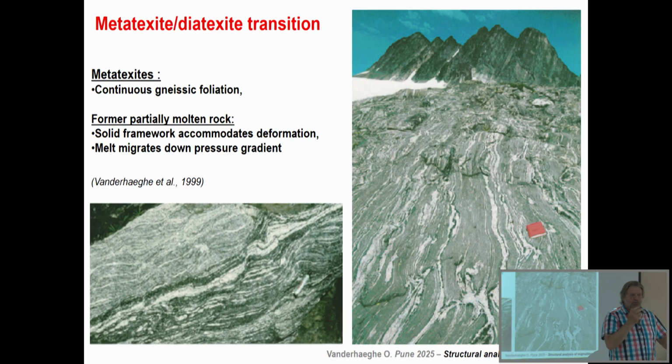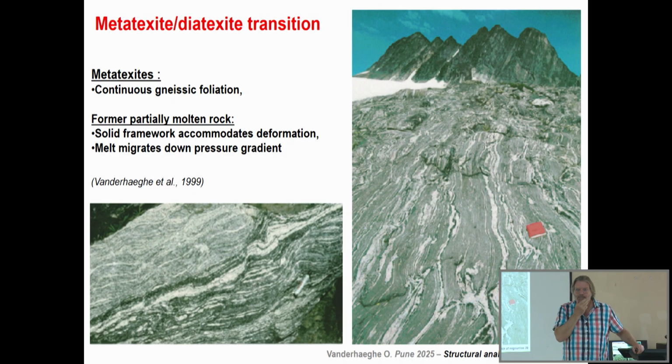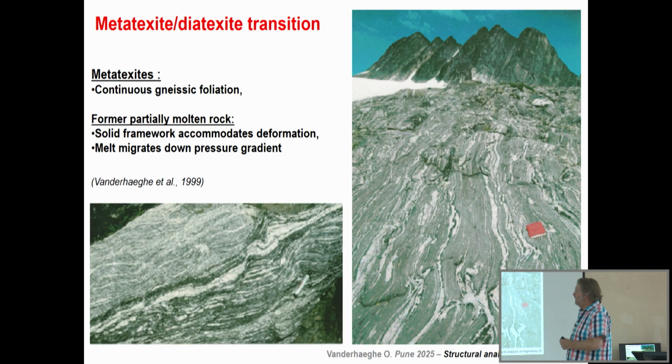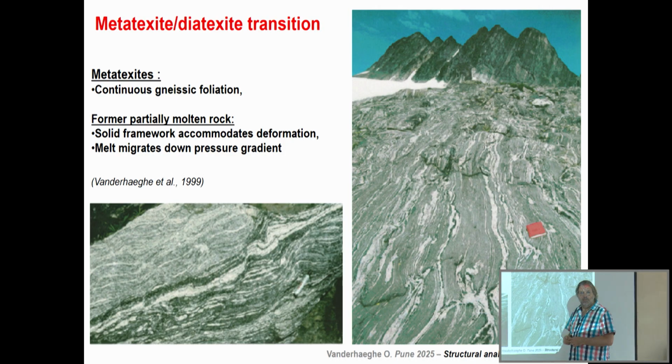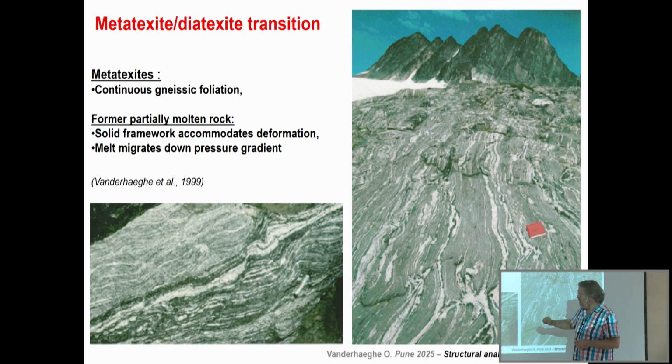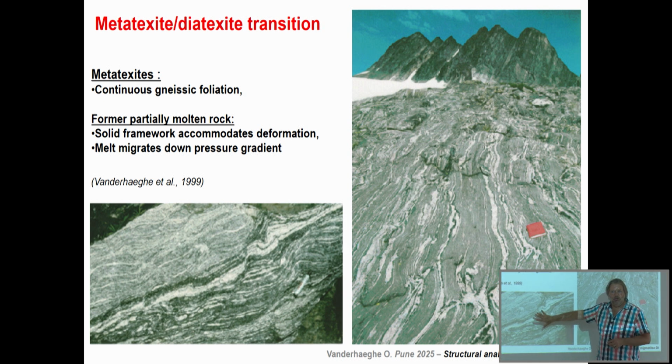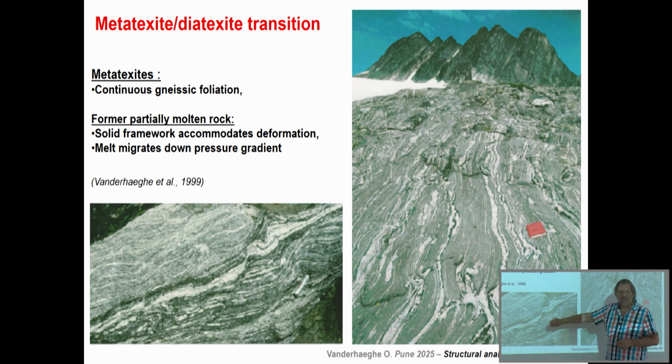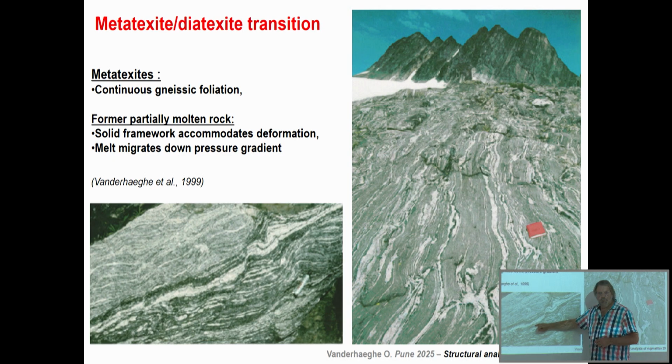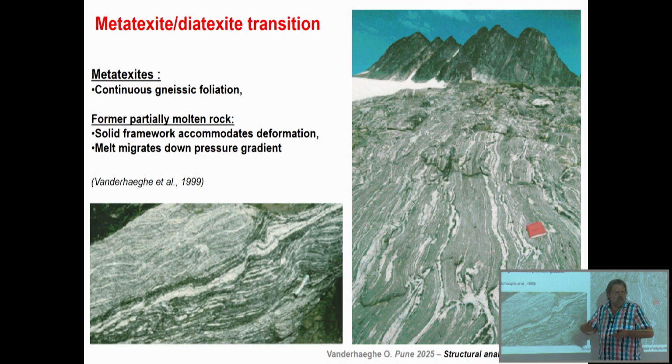What might these represent? Segregation of minerals. Yeah? Which layering does that represent? So the white bands are, yes, the leucosome and mesosome. I think that's my interpretation.